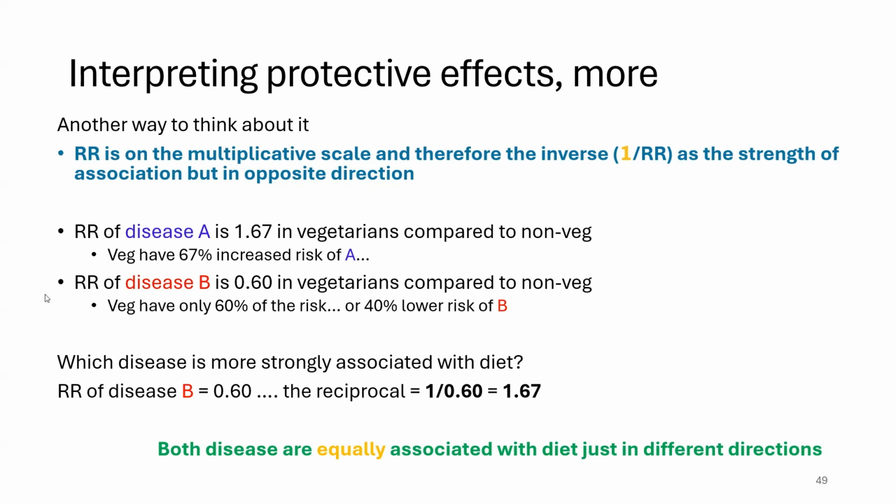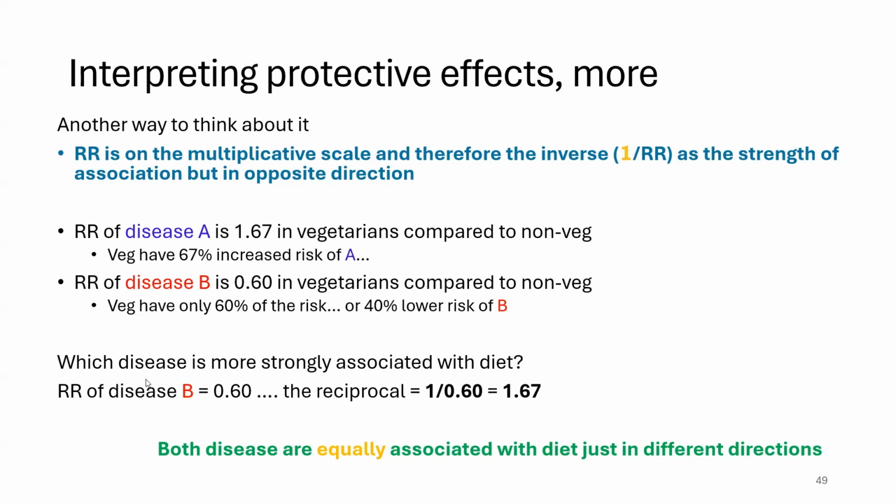So to compare, as an example, the relative risk of disease A, it being 1.67 in vegetarians compared to non-vegetarians. In disease B, we find it to be 0.60, or having only 60% of the risk, or 40% lower than the unexposed group.